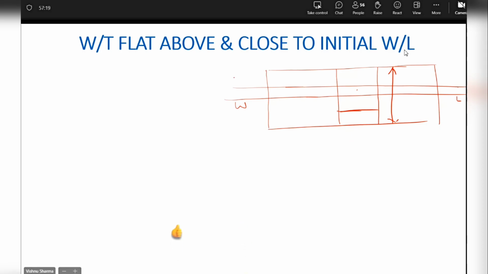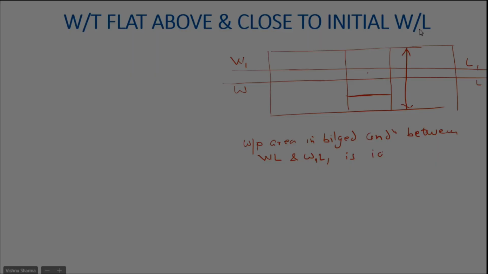Now, in this question, what was not highlighted intentionally yesterday, to avoid creating confusion, is this. If you see what we have done until now, then you will appreciate that the water plane area in bilged condition between WL and W1L1 is identical in all the cases.